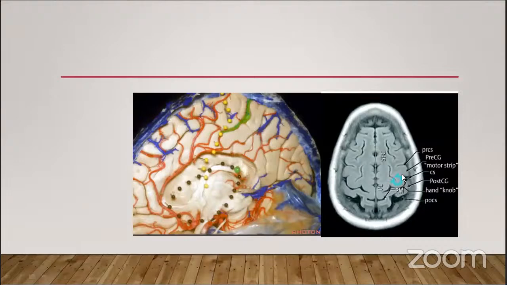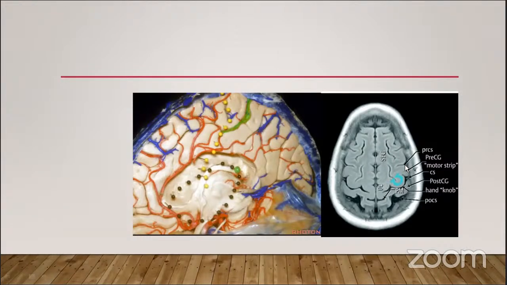Other structure, the sulcus that is just anterior to this central sulcus, this sulcus would be the precentral sulcus. And this sulcus, which is lateral, arranged in an anterior-posterior manner, is the superior frontal sulcus. The part medial to it is the superior frontal gyrus. The part lateral to it is the middle frontal gyrus.